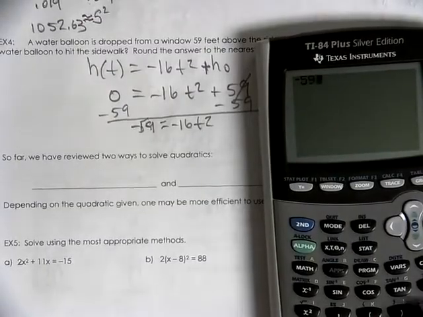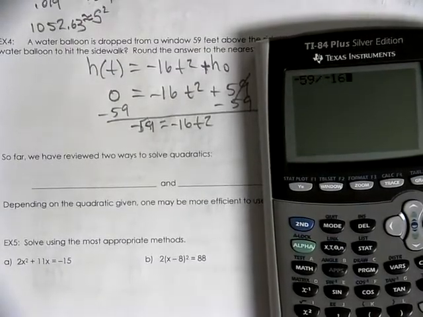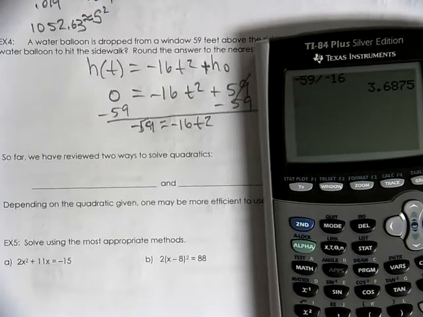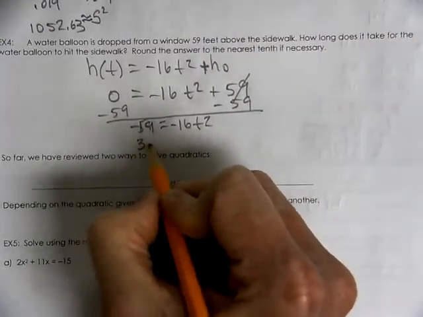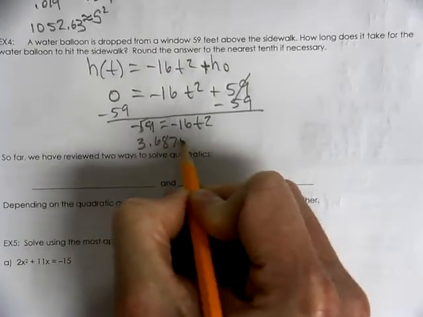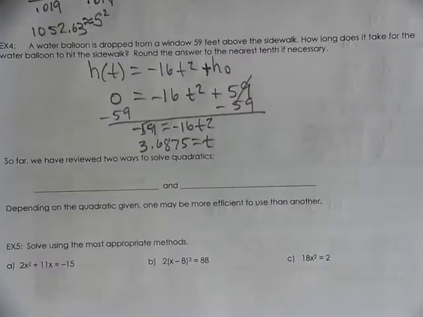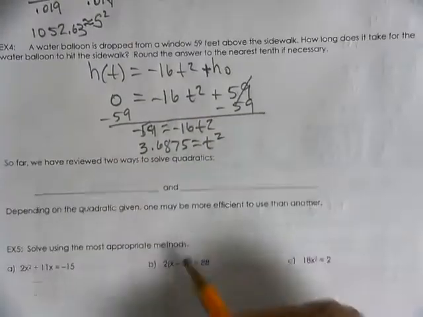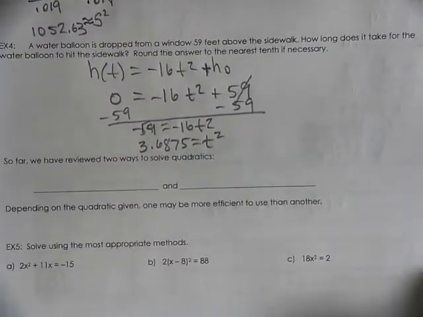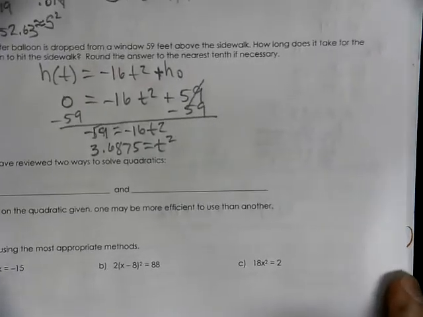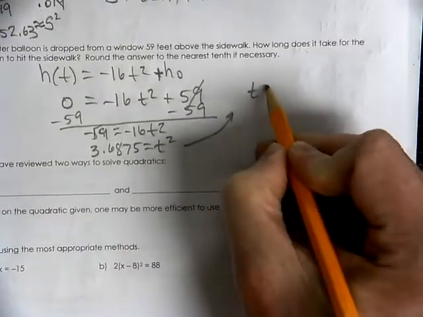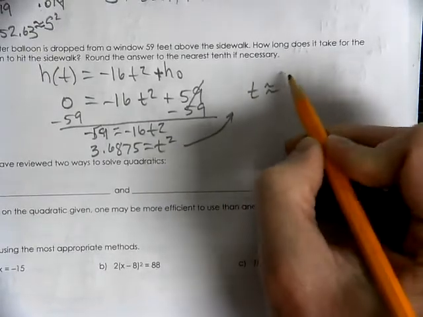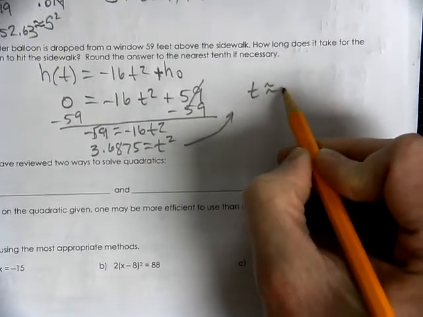We'll take our negative 59 and divide that by a negative 16, and we get 3.6875. And that's still t squared. So that's an exact answer, by the way. And we are going to take the square root of that amount.